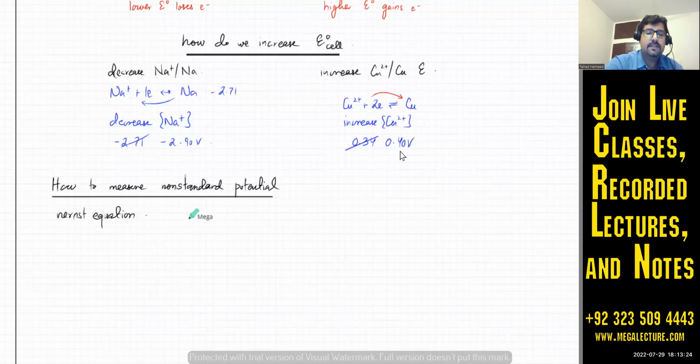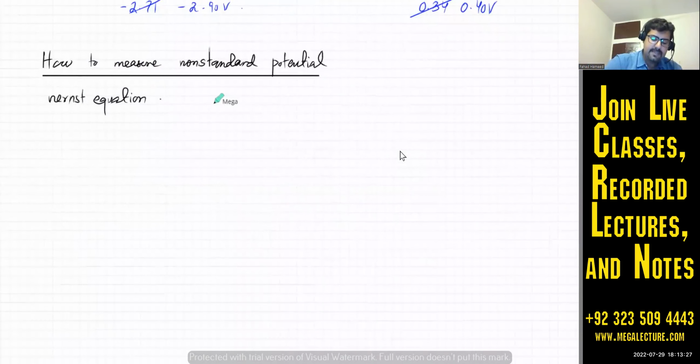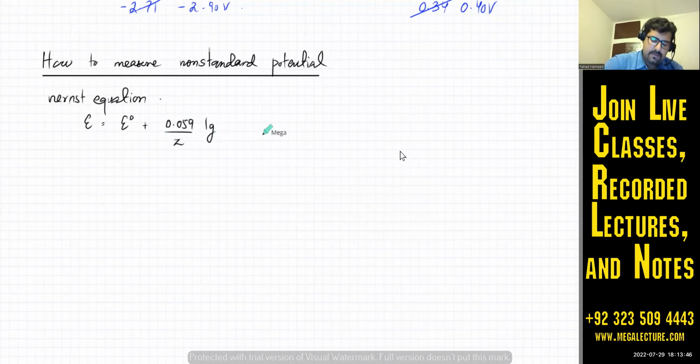The new potential is the old potential, E0, plus 0.059 divided by Z, times the log of the oxidized species concentration over the concentration of the reduced species.